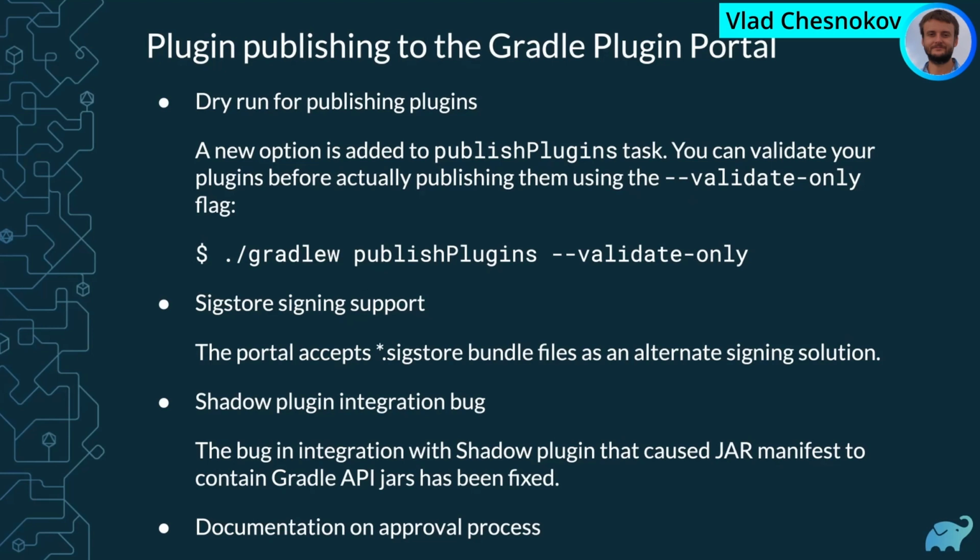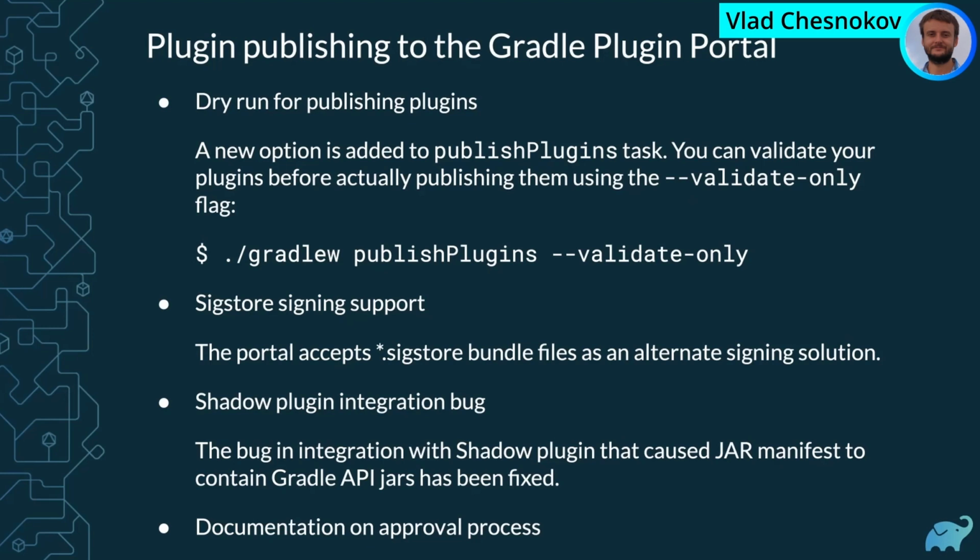So basically, folks who use Sigstore bundle files no longer need to sign their plugins twice, with Sigstore and our signing. And so it would basically improve the process in terms of not signing everything twice.